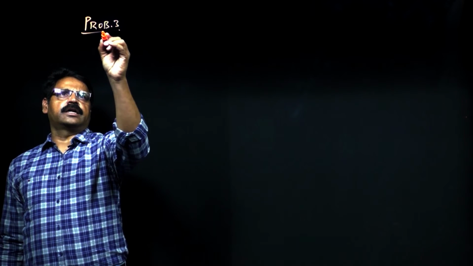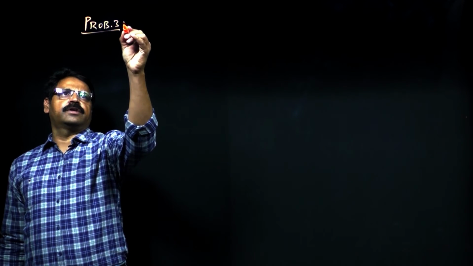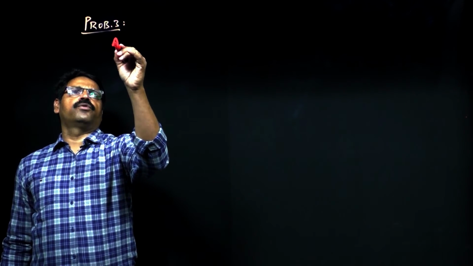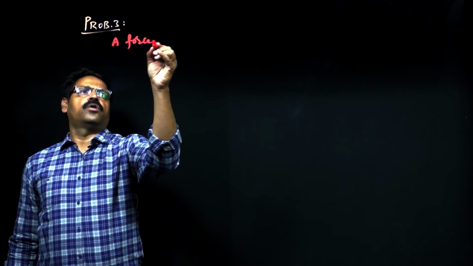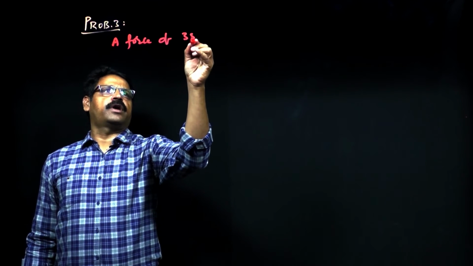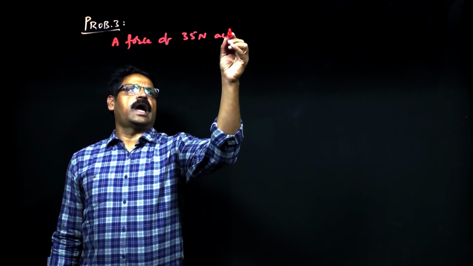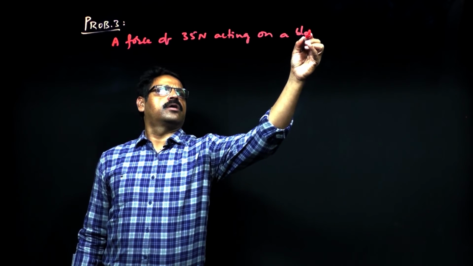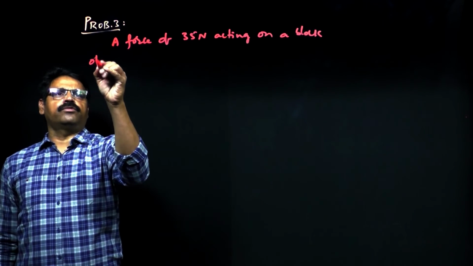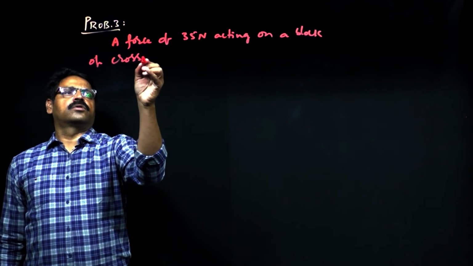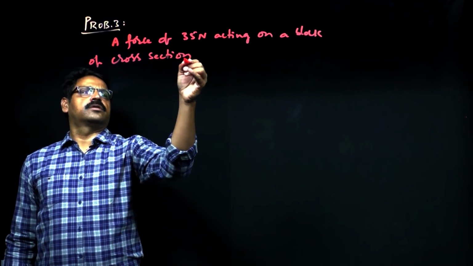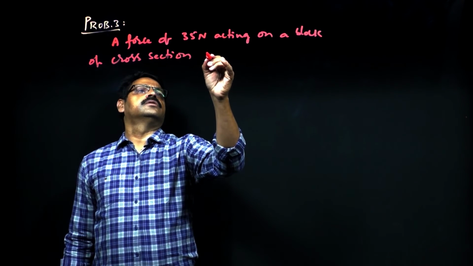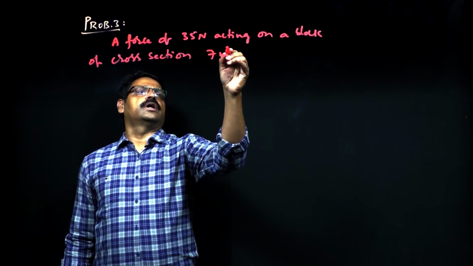And here the data given is a force of 35 newtons acting on a block of cross section 7 meter square.